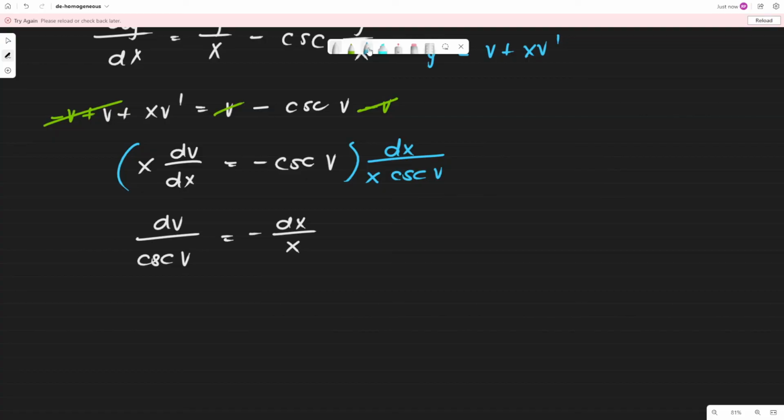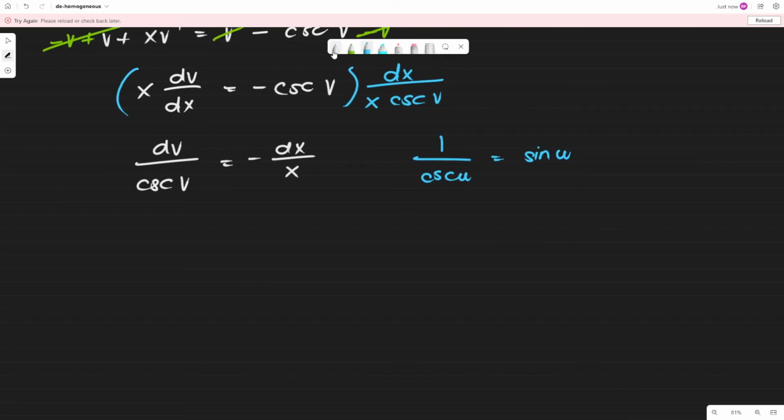And we know we have the reciprocal identity of 1 over cosecant u, which is equivalent to sine u. So we can transform this one to sine v. So we have sine v dv is equal to negative dx over x. Then we can get the integral, or the antiderivative.